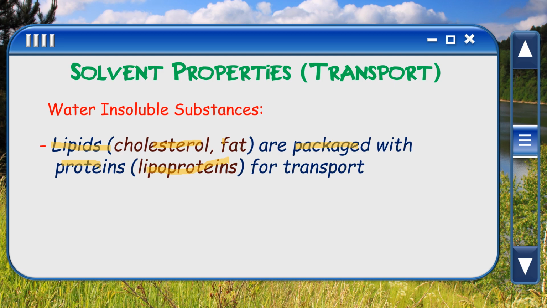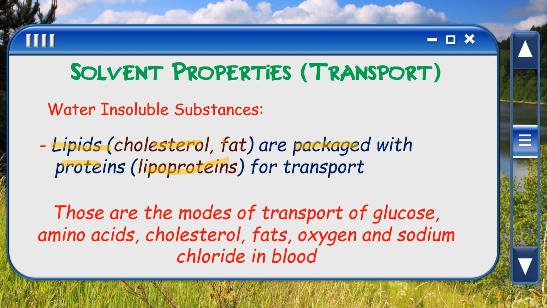But they cannot be easily transported as fats, lipids or cholesterol in blood because they are insoluble in water. Therefore, those are the modes of transportation of glucose, amino acids, cholesterol, fats, oxygen, and sodium chloride in blood.